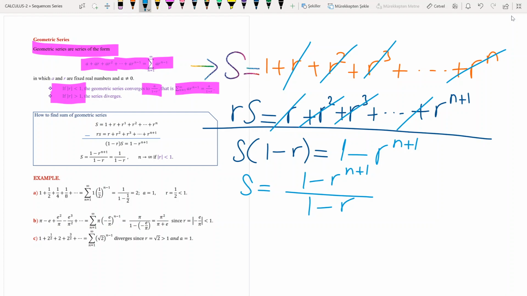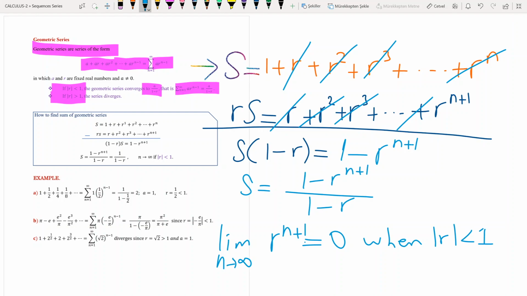Okay, this is s. So if we take the limit of the right hand side, we will see that the limit of r to the power n plus 1 when n tends to infinity is equal to 0 when the absolute value of r is smaller than 1.